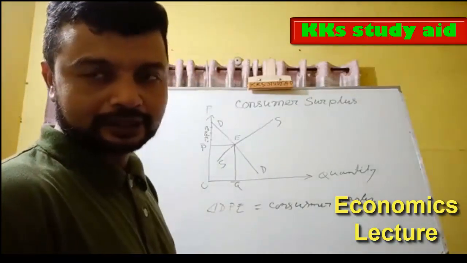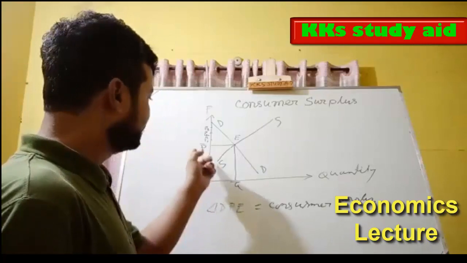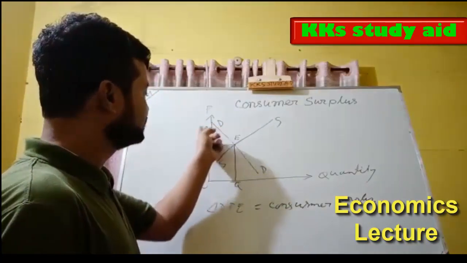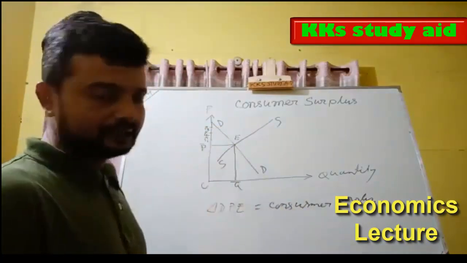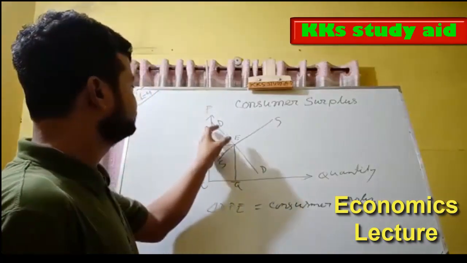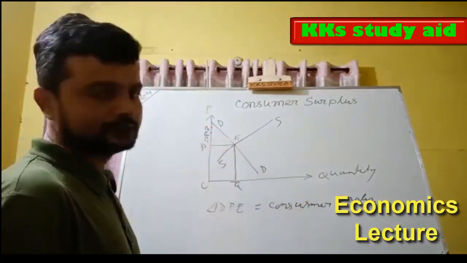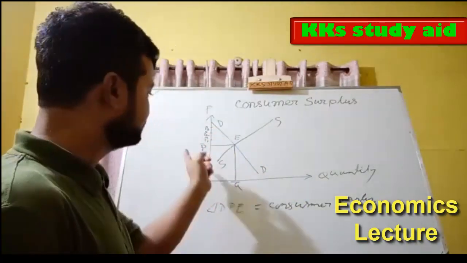Consumer surplus occurs when people pay less than they are willing to pay. In fact, they were willing to pay P3, P2, P1 and so many prices above this market price.